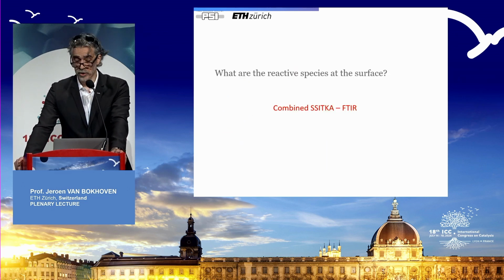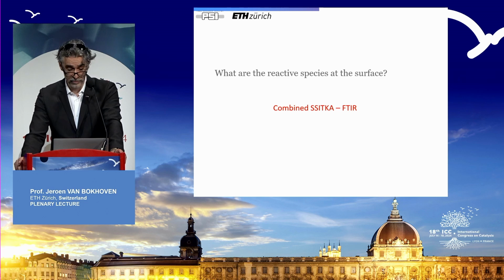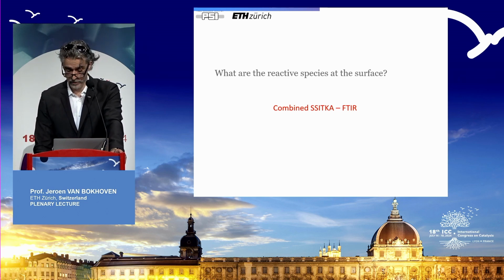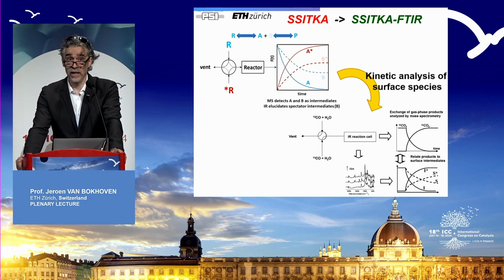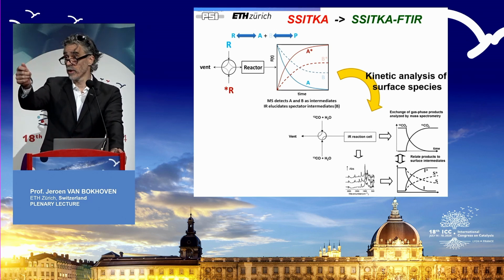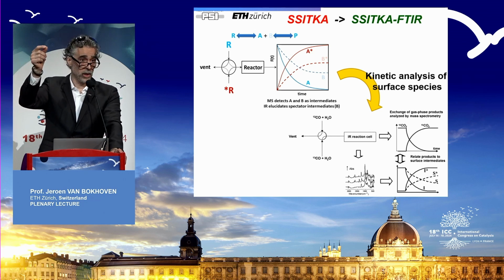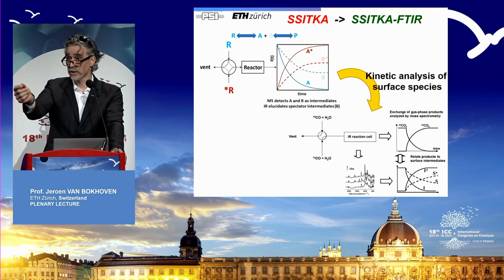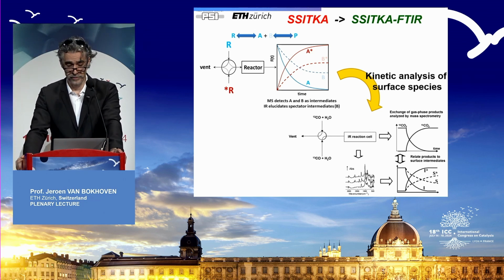So we try to ask ourselves, what's the reactive species that we have at the surface? And for that, we combined ACID C and Fourier transform infrared. And in the ACID C, what you do is you have a rapid switch of a molecule, and you change an isotope in the molecule.